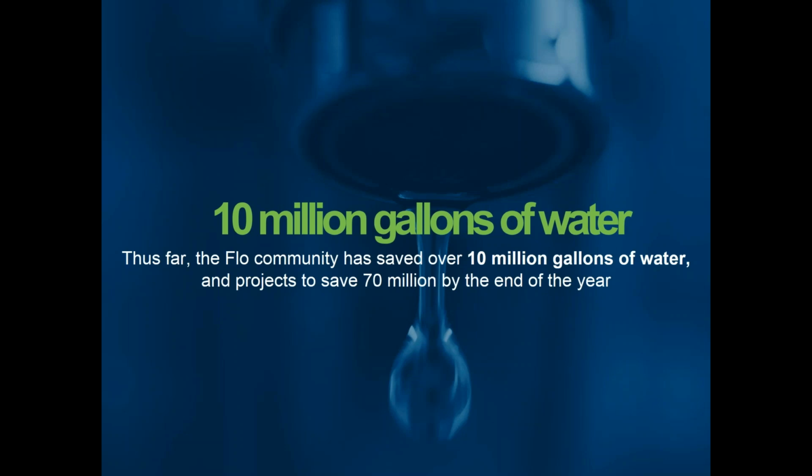Pretty conservatively, that's already saved over 10 million gallons of water. But now that we've partnered with Moen and we're reaching nationwide distribution in Home Depot, we are seeing the technology get adopted in more and more homes, and so this number is increasing fast, which we're very proud of.